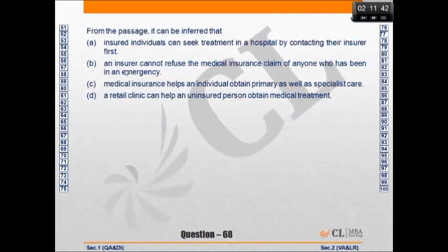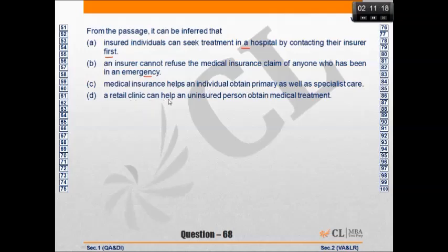Okay. Next one: from the passage, it can be inferred that insured individuals can seek treatment in a hospital by contacting their insurers first. I think yes, but let me go back. An insurer cannot refuse the medical insurance claim of anyone who has been in an emergency. Medical insurance helps an individual obtain primary as well as specialist care.